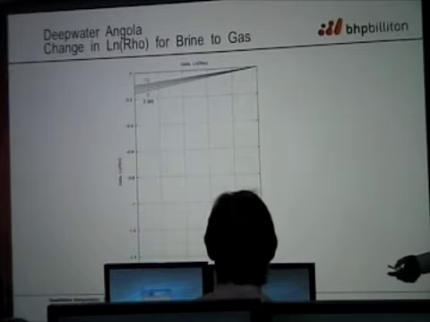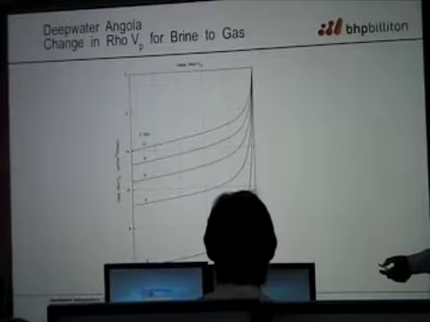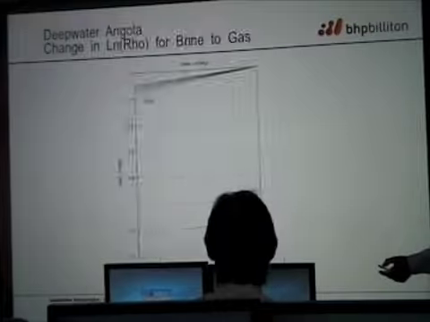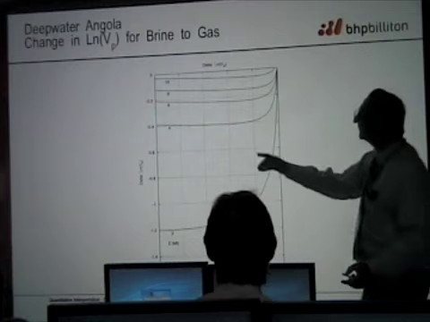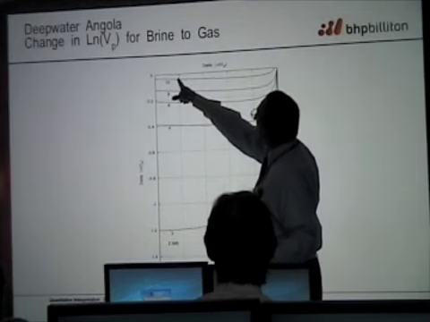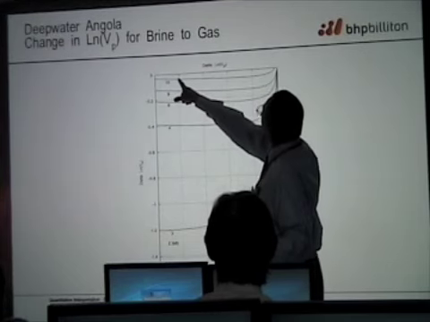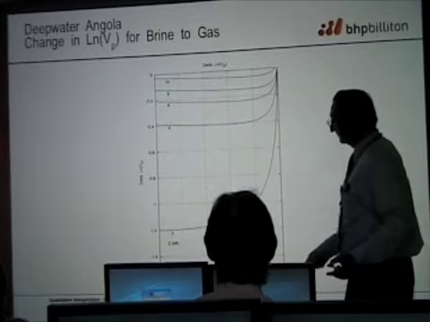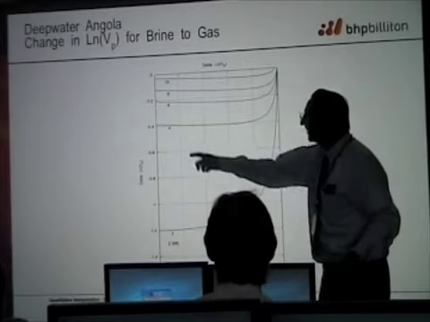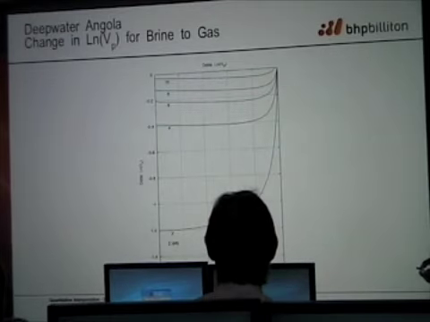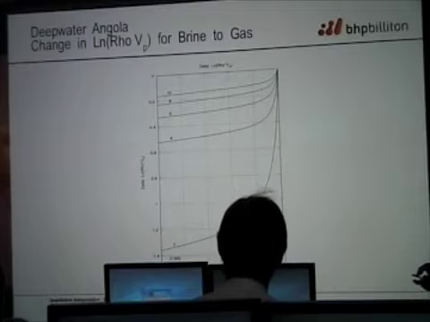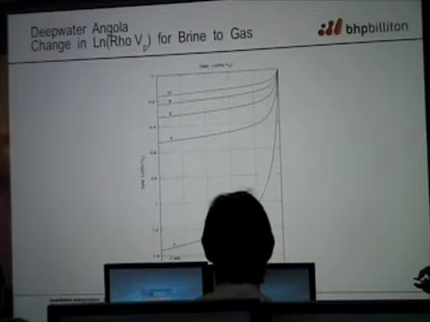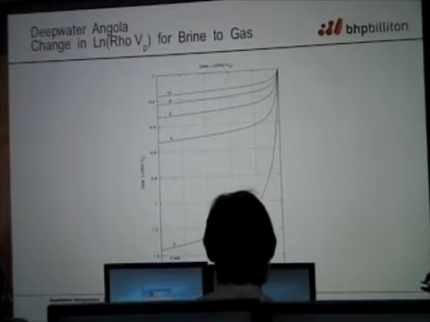Let's just switch back and forth. Oops, that's gone too far. I went the wrong way. So over here, density is every bit as much of an effect as velocity. In fact, bigger. It's a little bit bigger. But certainly not shallow. If you compare those two in your book, you'll get a good feeling for that. So here's the combination of the two of them, delta log rho V.